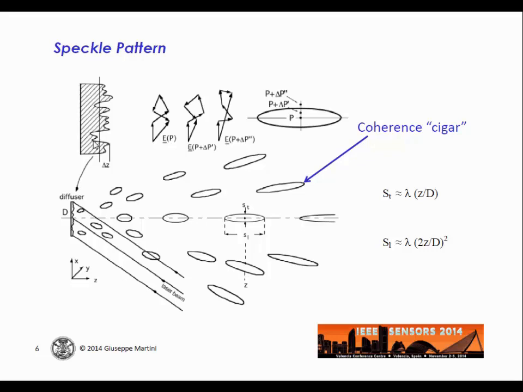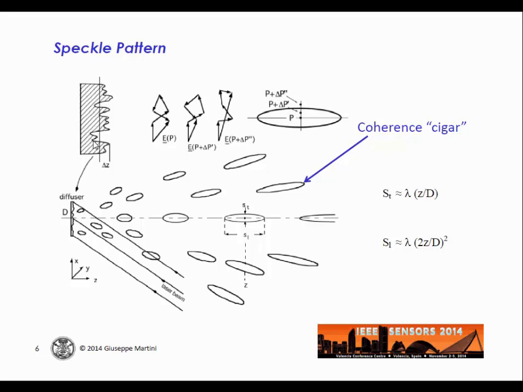If we move away from the rough surface, we see each individual source, each of them with random phases. We see them with a slightly different phase. And so when we sum up all the contributions, we will have a decorrelation between the summed vectors.